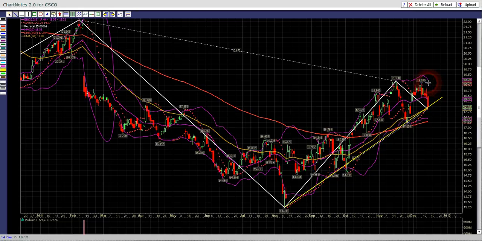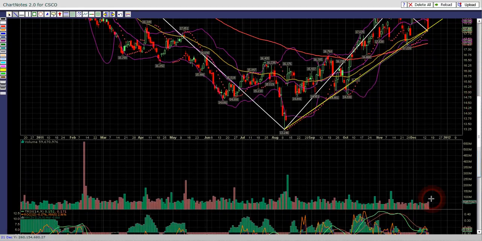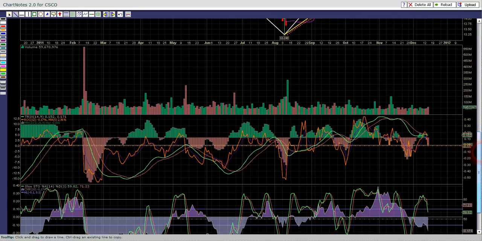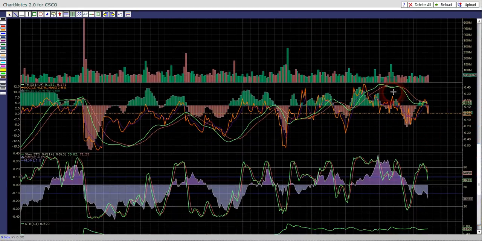We've got a stop and reverse that was triggered today on December the 14th, as this is the closing stock price, and we can see some volume picking up here. Also, our momentum indicators are kind of leaning to the downside. We've been in a downside here for a while. We've got a very strong move here on the ROC, and we're getting a bit of a hook here.